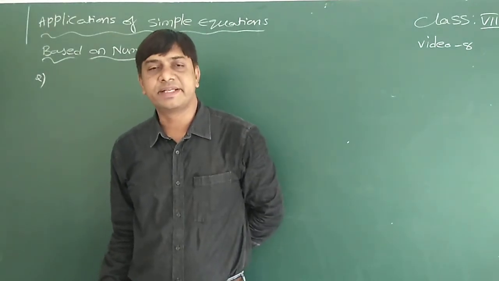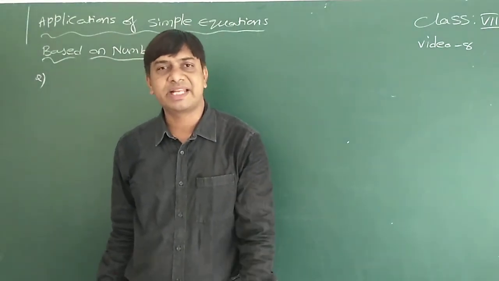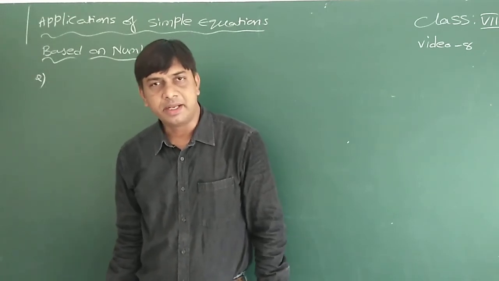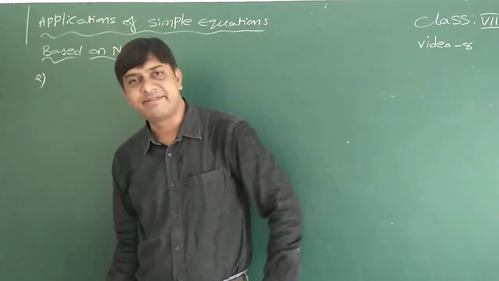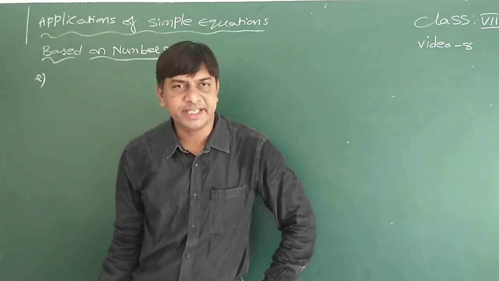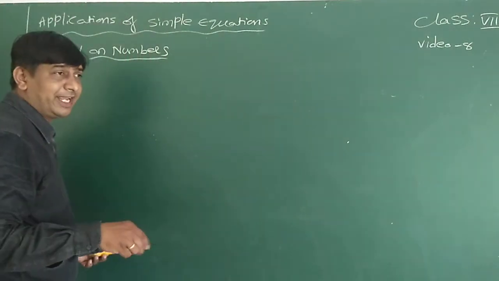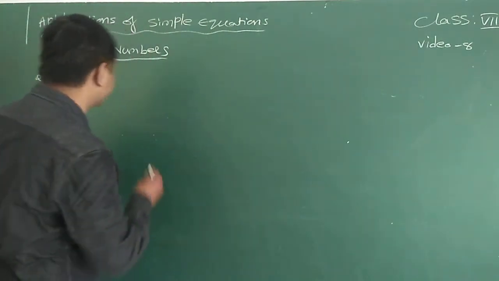A number is multiplied by 7. The result is 21. Find the number. Simple examples I am taking; I will take later combinations.